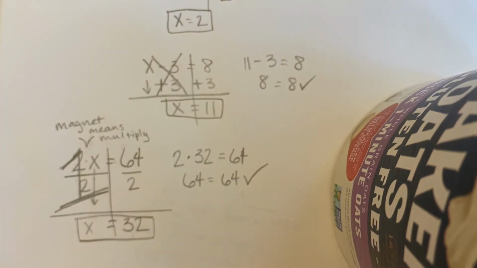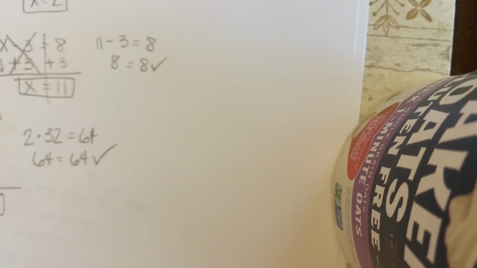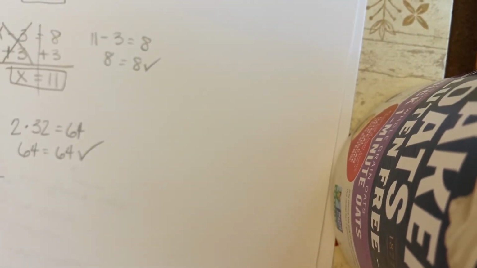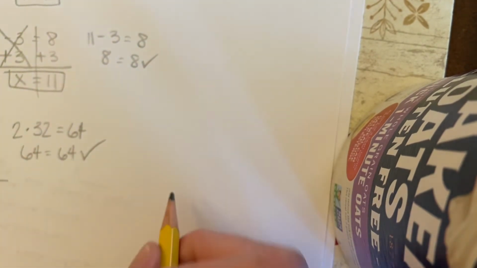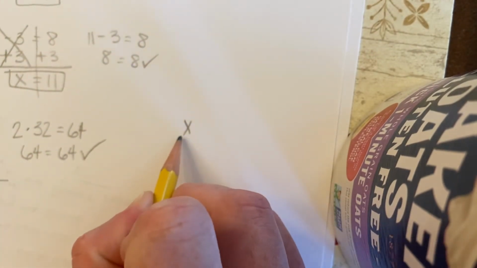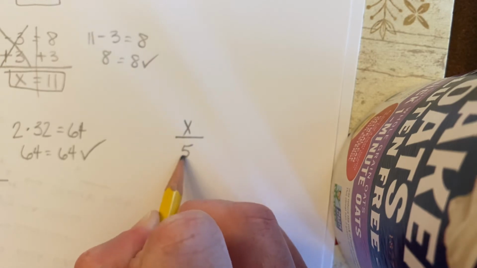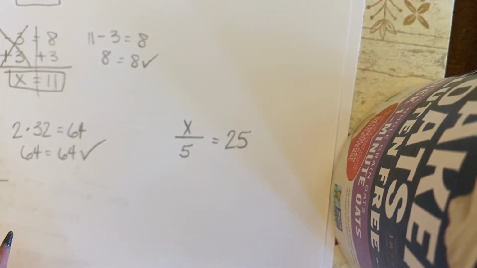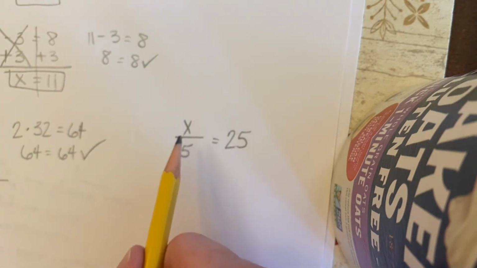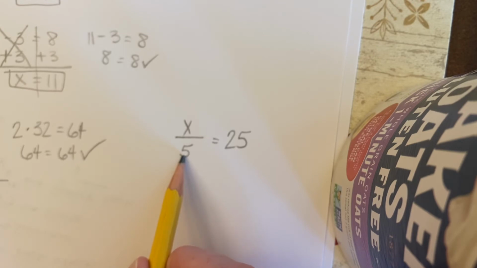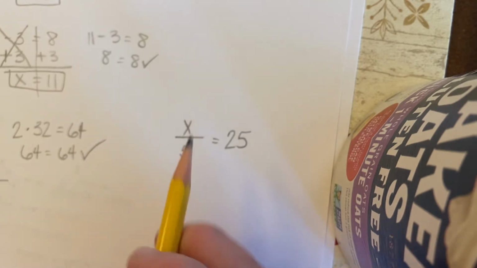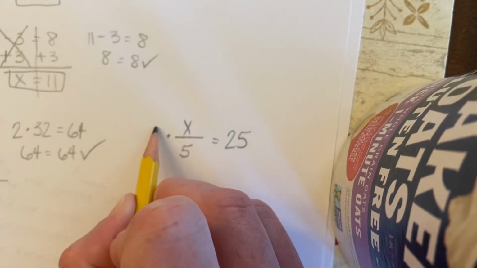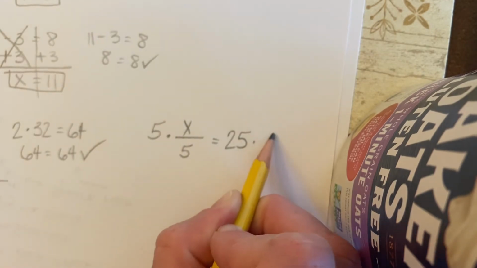Okay. Last one. Let's get one more look over here. What if I have x divided by a number, in this case 5? So again, when I'm dividing, what's the inverse operation? Well, that is to multiply. So let's multiply by that 5 and see what happens.